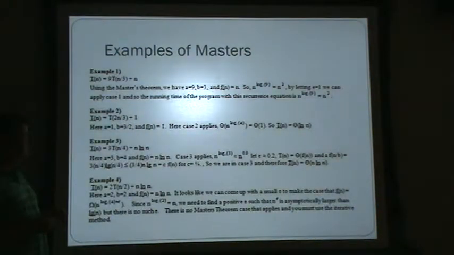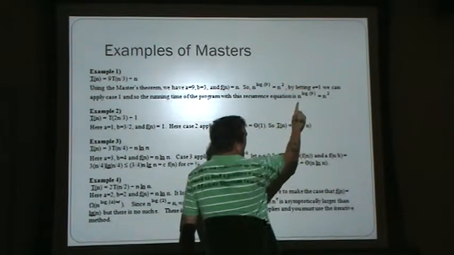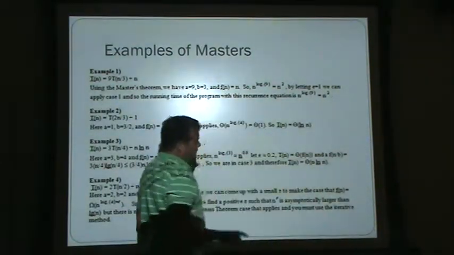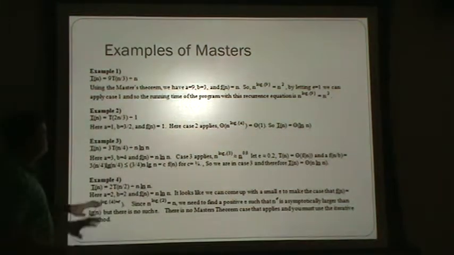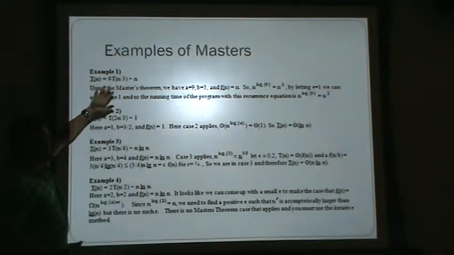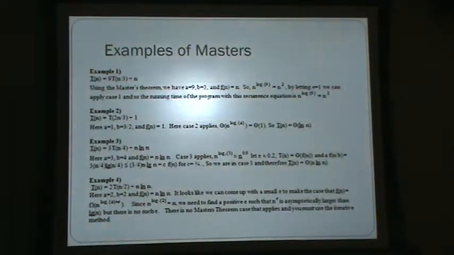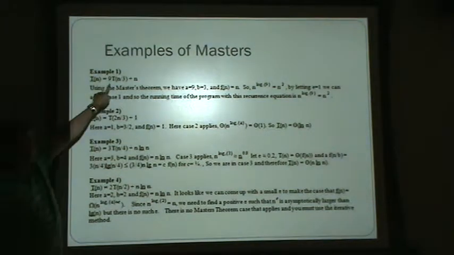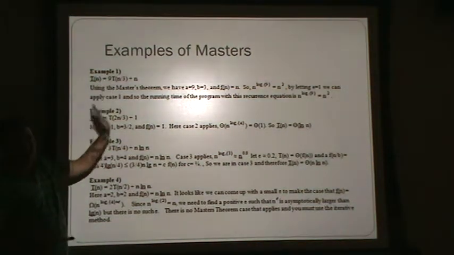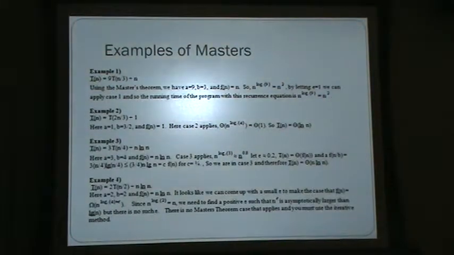Therefore, we're in case 1. Case 1 tells us that we should use n to the log base 3 of 9. So the running time of this algorithm, just using this cheat sheet to get our answer, would be n squared. We don't have to go any further. We just look at this, we realize we're in case 1, and the cheat sheet tells us the answer.